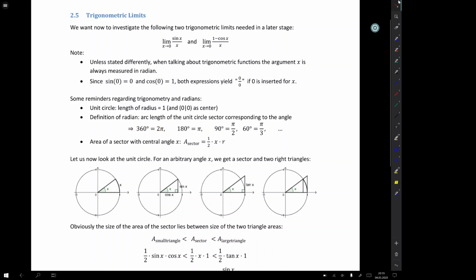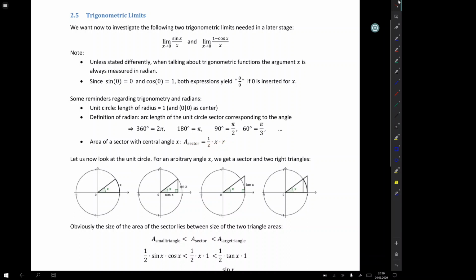The formula for the area of a sector with central angle x: the arc length is x, the radius is r, so the area of the sector is radius times the arc length divided by 2, so 1/2 times x times r.